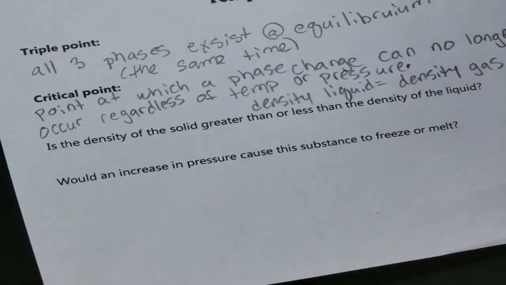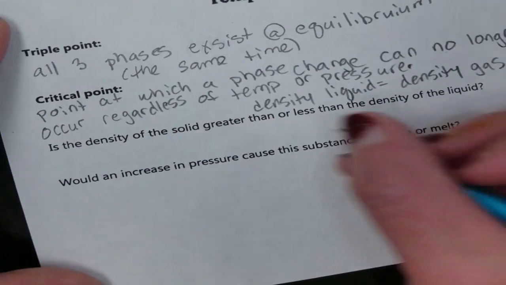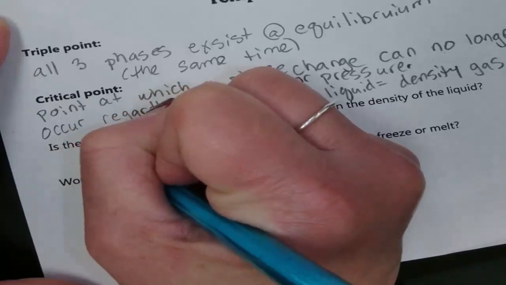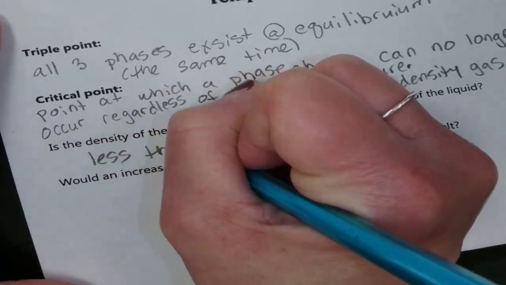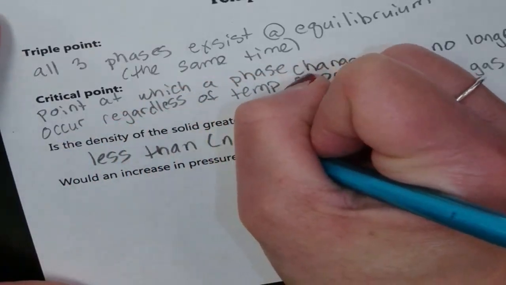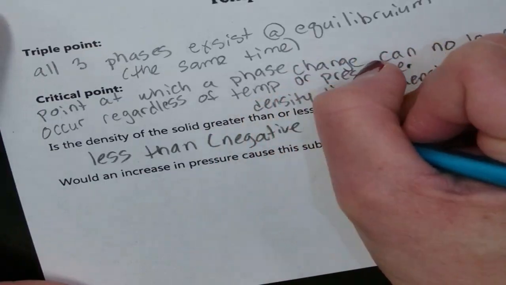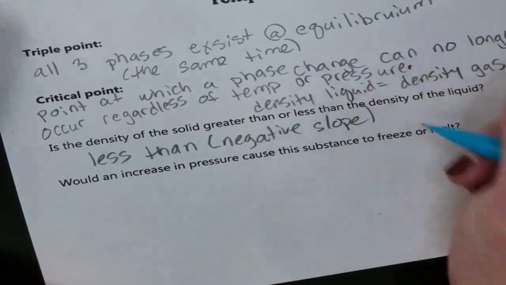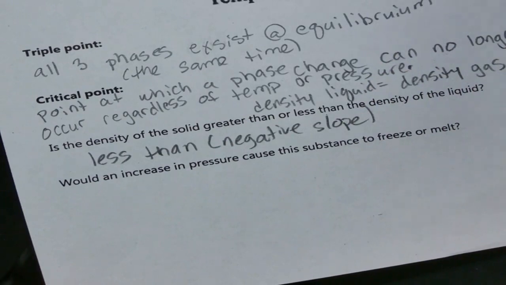A negative slope tells me that the density of the solid is actually less than that of the liquid. So a positively sloped line would tell me that the solid is greater than. So you can look at the slope of the line to determine the density of the solid versus the liquid.